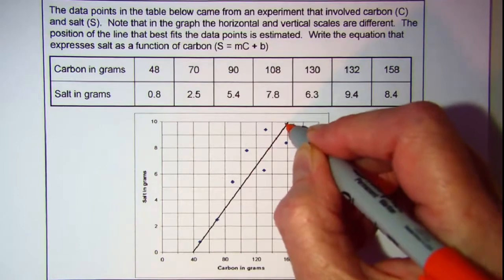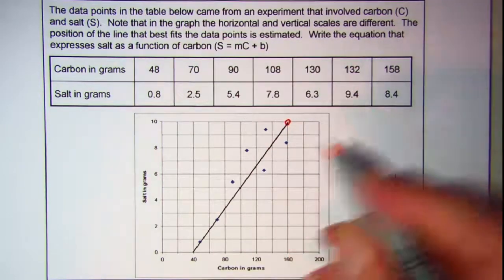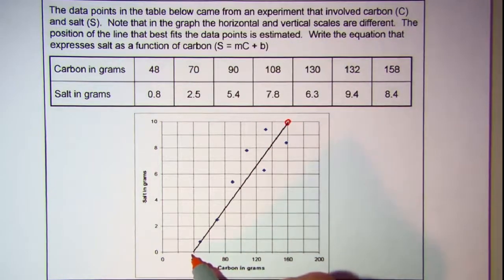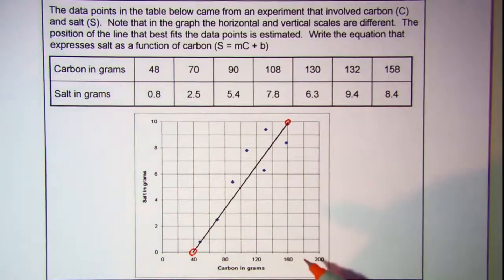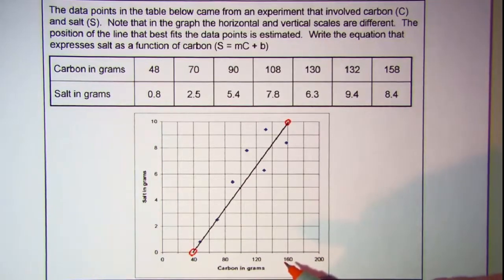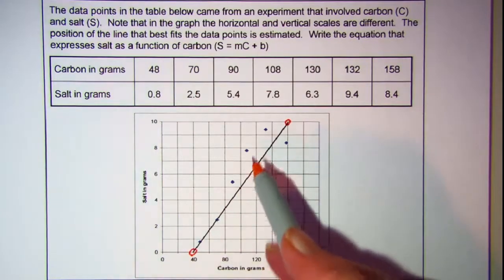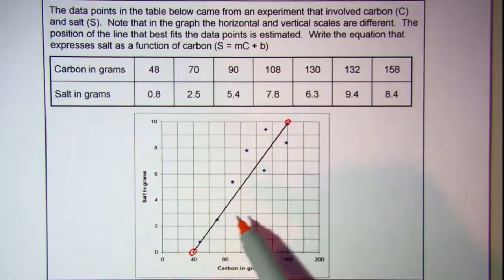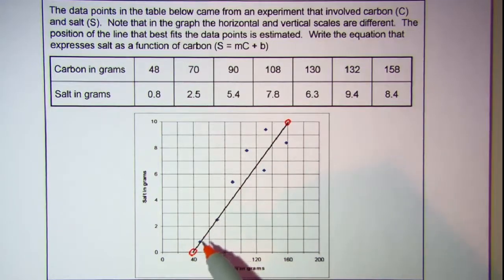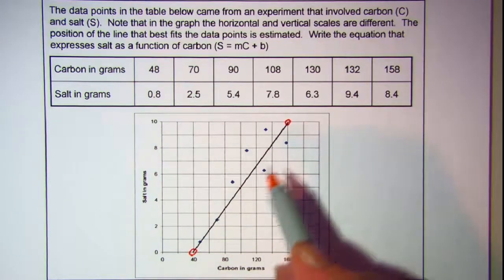So I'm going to pick this point, and then this point. I'm going to assume this point is on the corner there, even though it's just a little bit off, but that'll be fine, because this line obviously is not hitting every single point of the data, so it is going to be an approximation.